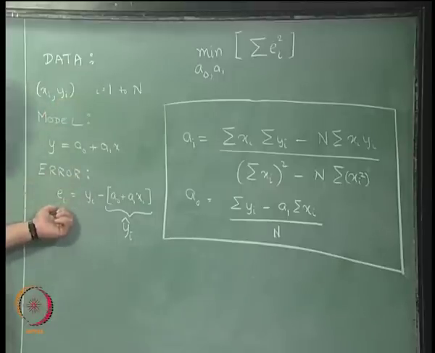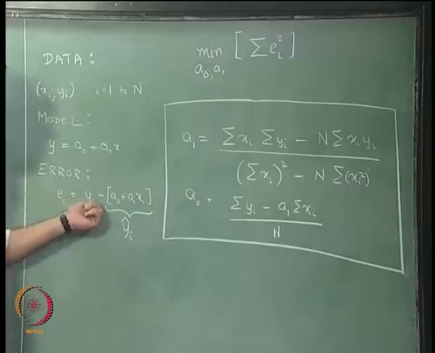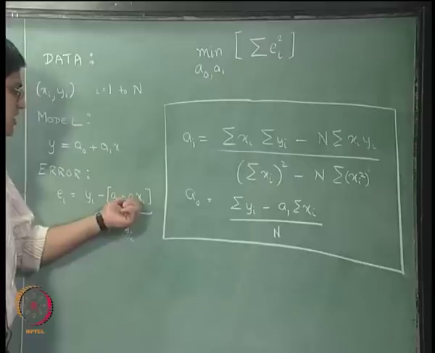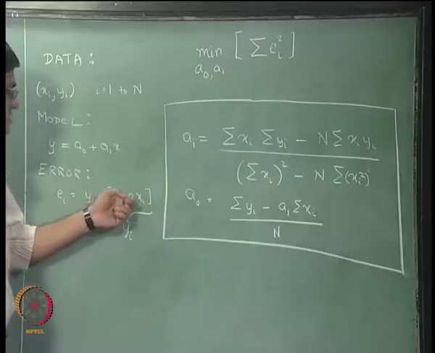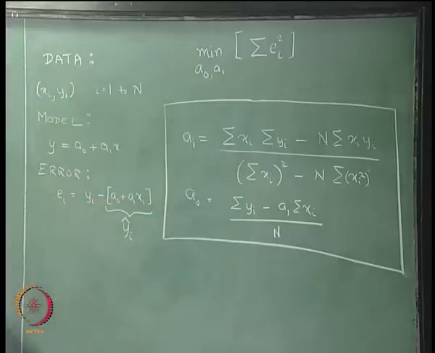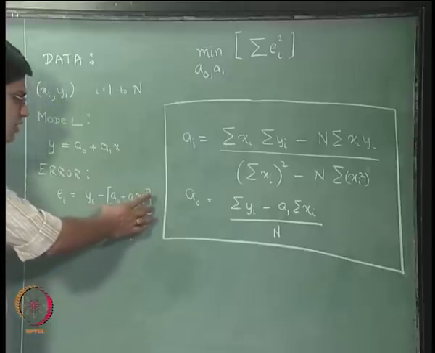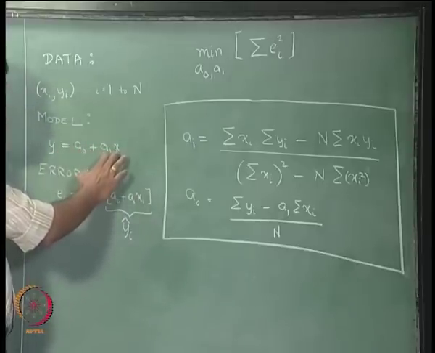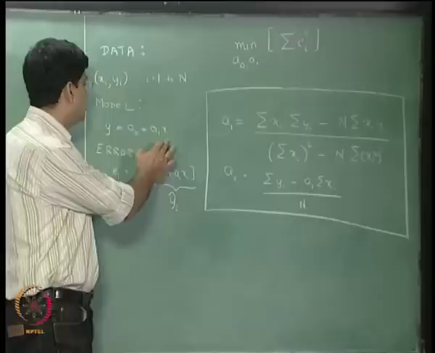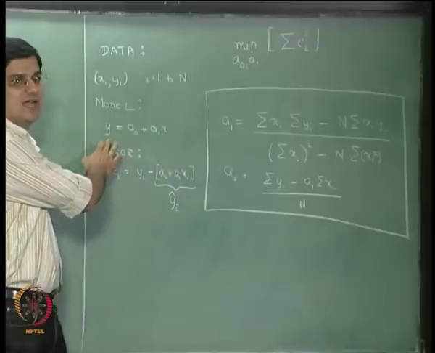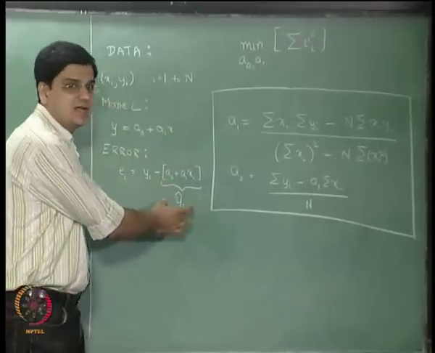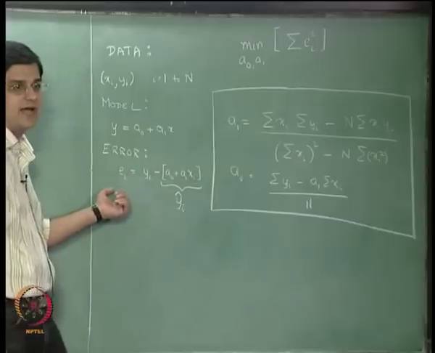The error we have defined as the actual value of the data, yi, minus the value that we get from the model by substituting a0, a1 and the xi value. This is our model. When we substitute the value of xi in this model, the value of y that we get is nothing but yi hat. So yi minus yi hat is the error term ei.